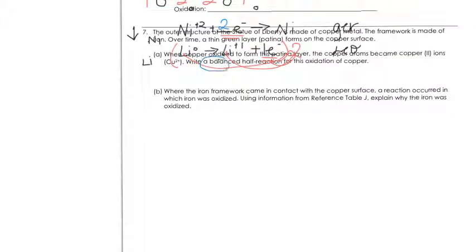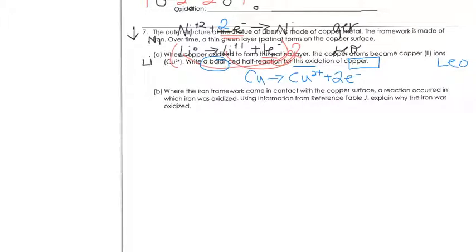That's this, Cu 2 plus. Write a balanced half reaction for the oxidation of copper. So that means we are taking copper, we are losing electrons, oxidation, to form Cu 2 plus, plus 2 e minus.